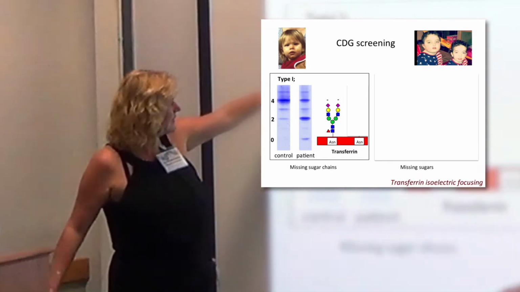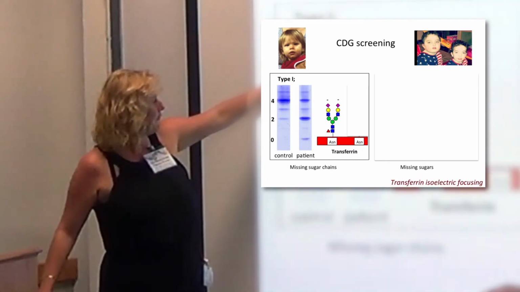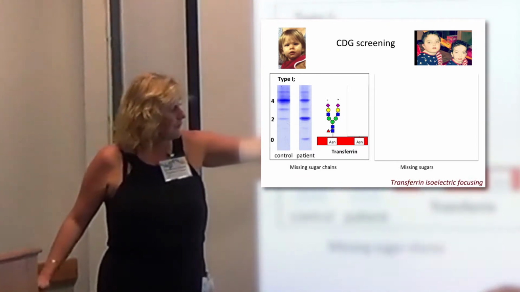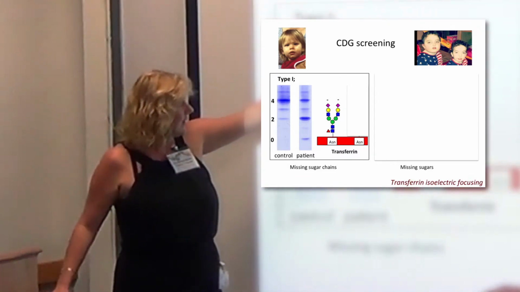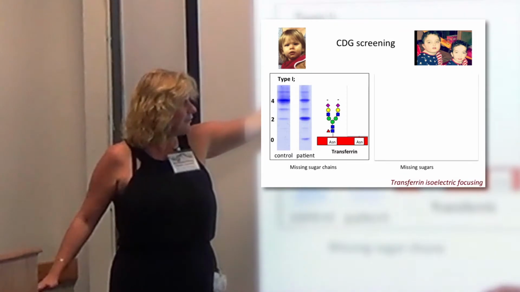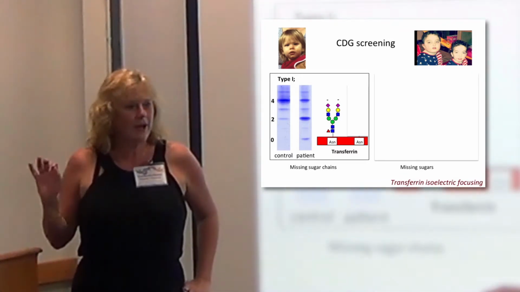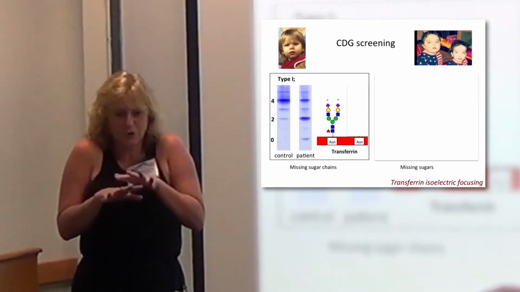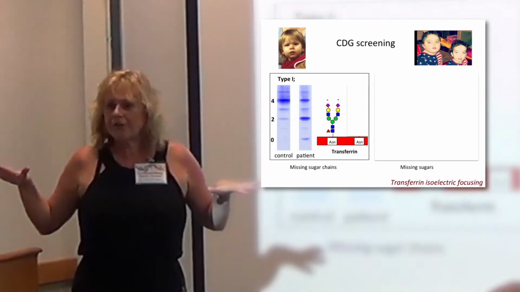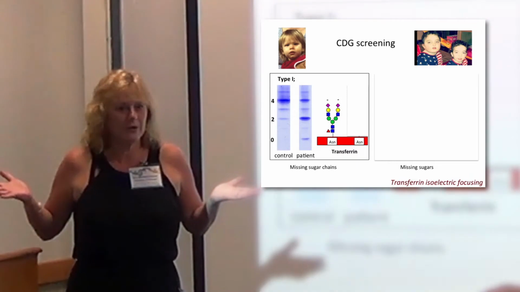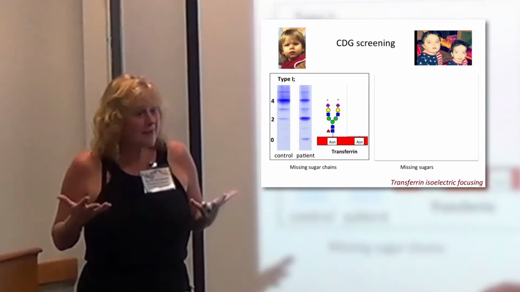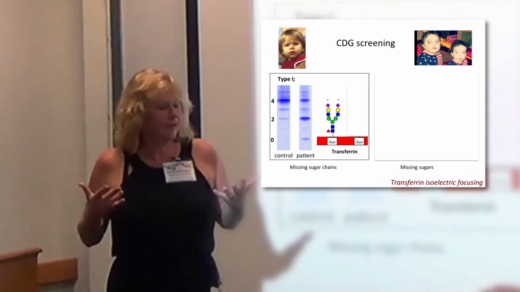So if you do diagnostics, this is a control, which has the 4 negative charges, and then when we are missing an antenna, you have a little bit of the 4, because it's never all or nothing. You never have a glycosylation disorder which would totally clear out your glycans. You wouldn't be able to survive. So you always have some glycosylation, just not enough.